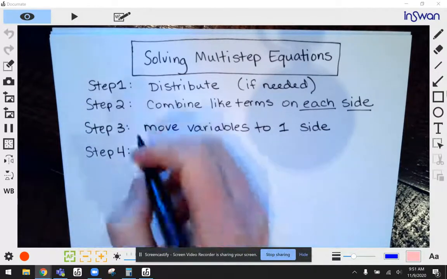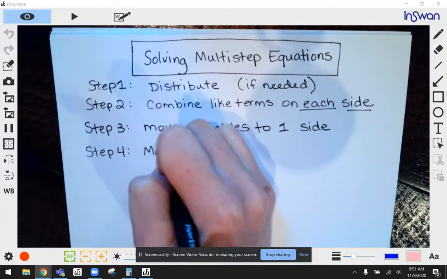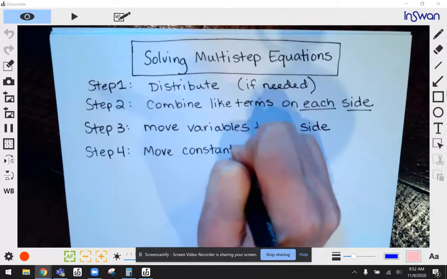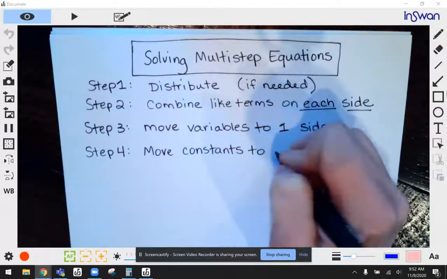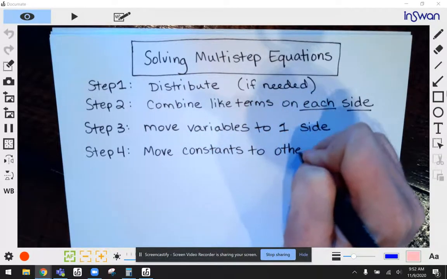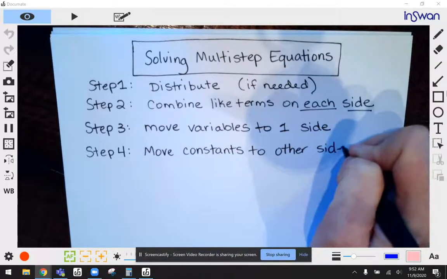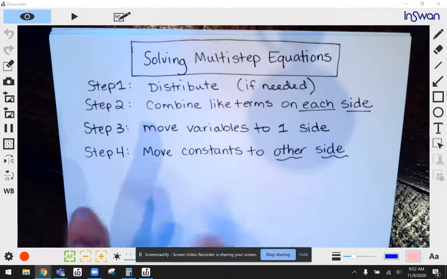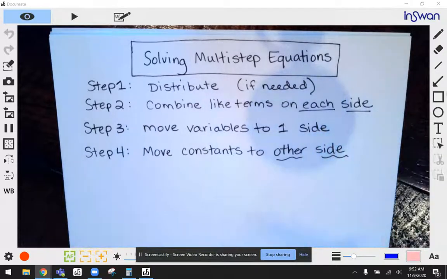Step 4 is going to be to move constants. Remember, constants are just numbers all by themselves to the other side. By other side, I mean away from the variable, because remember our goal is to get the variable on one side and a number on the other so we know what it equals.